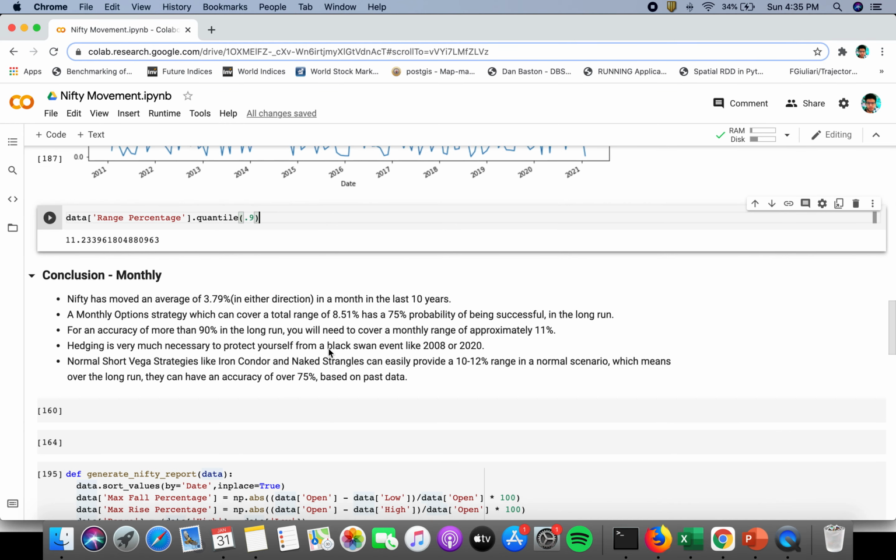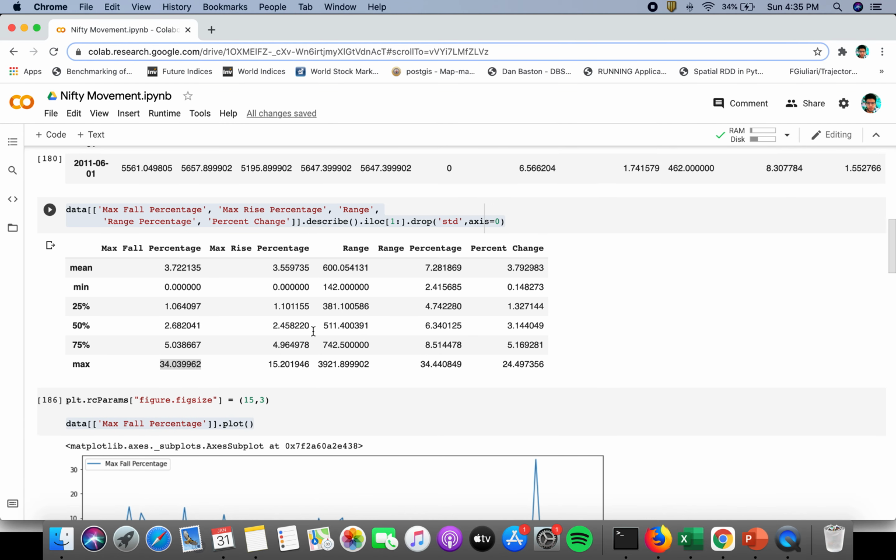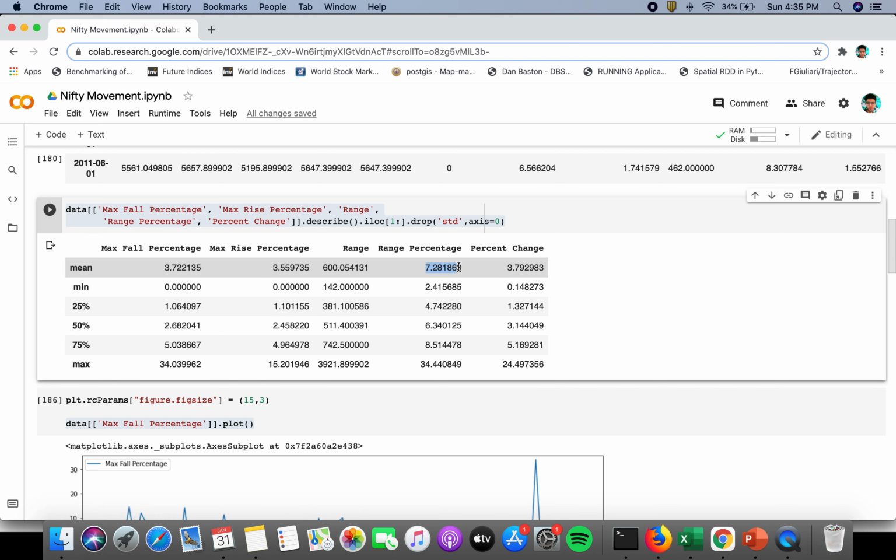Before going to further conclusions, let me elaborate a bit on this data. Nifty has an average range of around 7.28% in a particular month, which gives an average movement of around 3.79% in either direction. More precisely, you should look at the 50th percentile or the median as a measure of central tendency, because the mean can be sensitive to outliers.